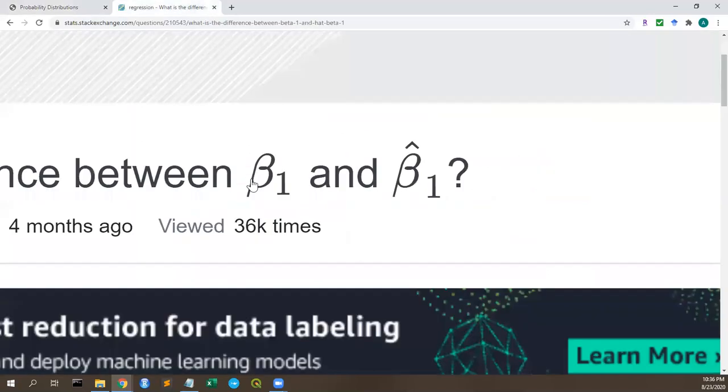This is the true beta, what the true beta would look like, and here's what beta hat would look like, the estimated beta. When we run regression using our data, we're trying to get the true beta, but we're actually going to get beta hat. The point is that we want the expectation, or the average beta hat, to equal beta: if we did this analysis over and over again with different data, the average beta hat should equal beta.